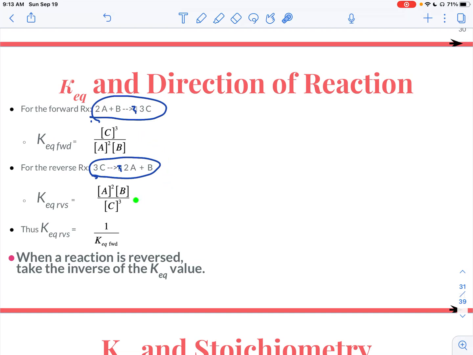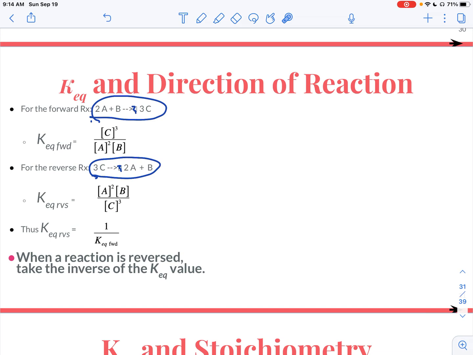If you look at these two, they're the inverse of each other. If you're not familiar with the word inverse, it just means you flip a fraction over. So if you take this and you put the A squared B on top and the C cubed on the bottom, you get this.